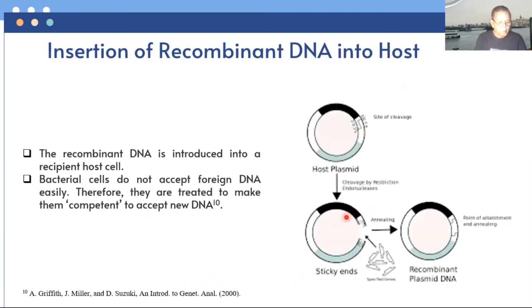Then, insertion of recombinant DNA into host. In this step, the recombinant DNA is introduced into a recipient host cell, mostly a bacterial cell. This process is transformation. Bacterial cells do not accept foreign DNA easily.